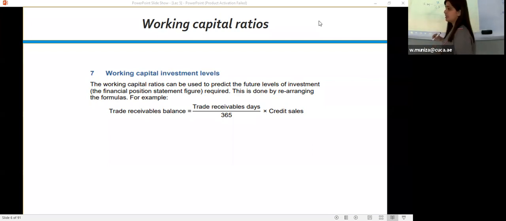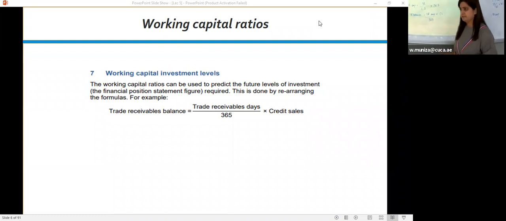If we want to see the trade receivables balance, we just rearrange the formula. Trade receivables balance is equal to trade receivables days multiplied by credit sales divided by 365. So this is what our formula becomes, and we will be able to know how much amount we need to invest in trade receivables.